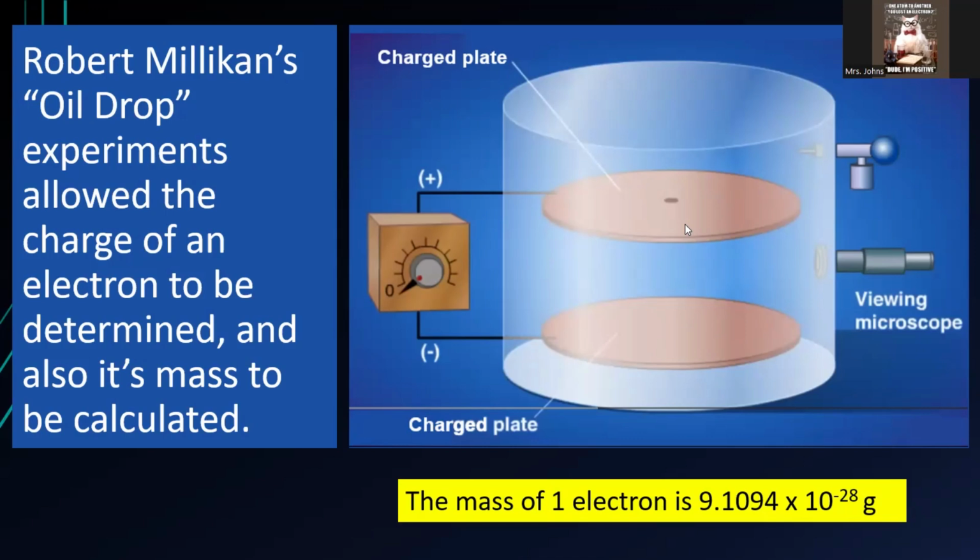When an oil drop is suspended, its weight, mass times acceleration due to gravity, is exactly counterbalanced by the electric force applied. The electric force applied equals the applied electric field, E, times the charge on the drop, Q. Since the mass of the oil drop, the acceleration due to gravity, and the applied electric field are known, Millikan could solve for Q, which is the charge on the drop. Millikan found that droplets had different charges, but each was a whole number multiple of a smaller charge, equal to negative 1.60 times 10 to the negative 19th coulombs. Millikan concluded that this was the fundamental unit of charge, the charge of an electron. From the charge of an electron and the charge-to-mass ratio of an electron determined by Thomson using a cathode ray tube, Millikan was able to calculate the mass of an electron. The mass of an electron, 9.10 times 10 to the negative 28th grams, is an exceedingly small mass.